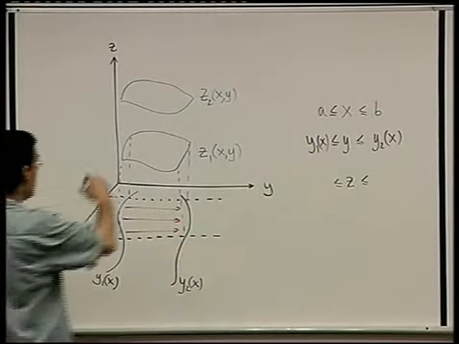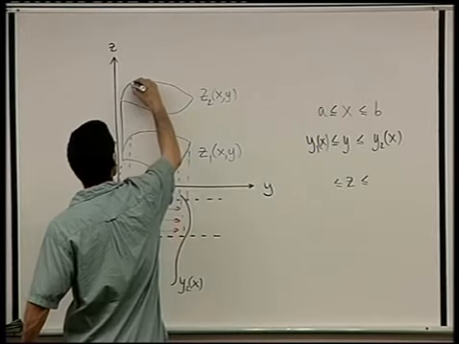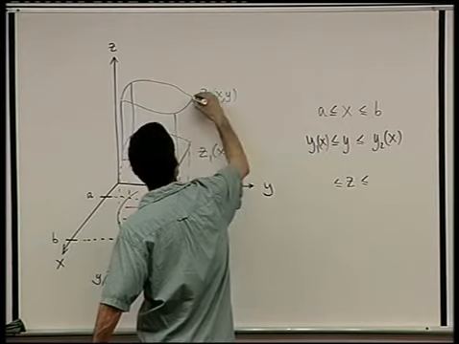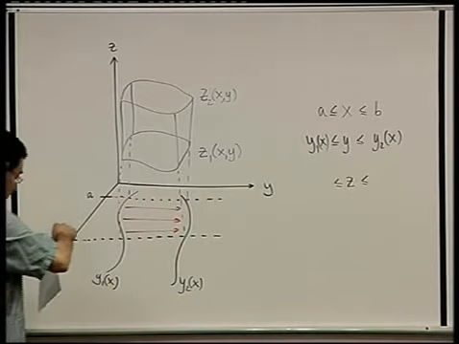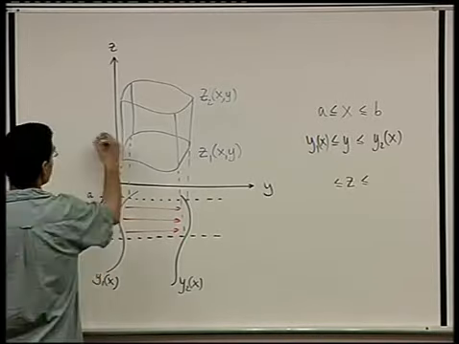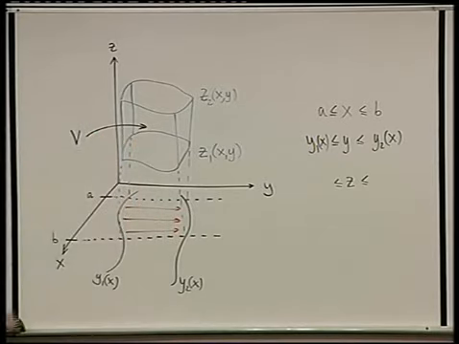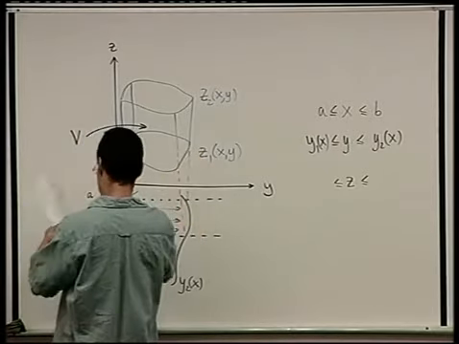Okay? And the domain V is this thing. So this is V. Okay, this is dotted. This is in the back. No, this is in the front.